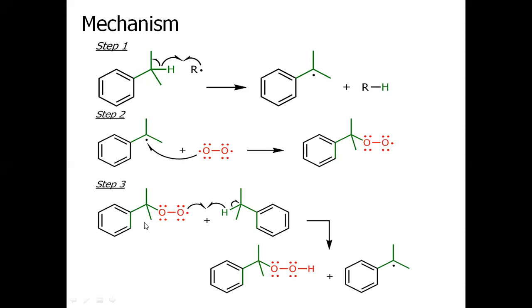This benzylic peroxide then abstracts a proton from another molecule of isopropyl benzene to give you benzylic hydroperoxide along with the benzylic radical. This is the first step, which is also known as the chain initiation step.